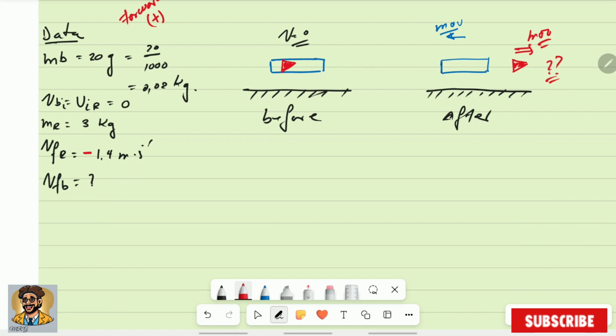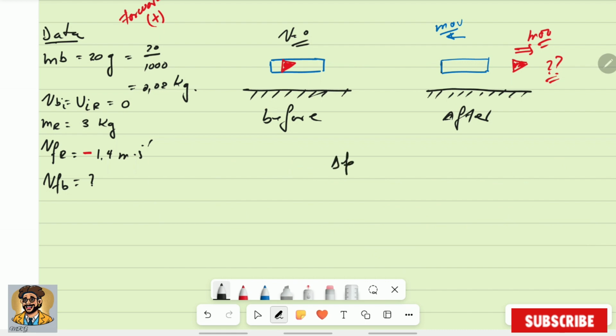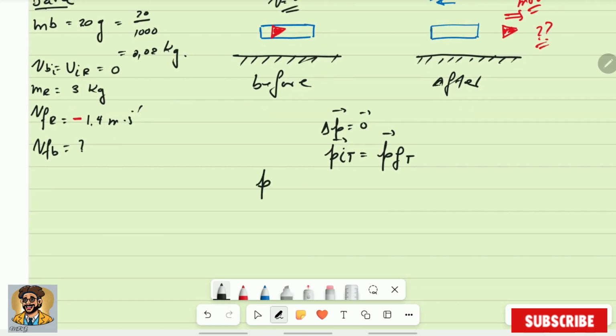Is that clear? So we're going to use the principle of conservation of momentum. The initial total momentum is equal to the final total momentum. The initial momentum of the bullet plus the initial momentum of the rifle is equal to the final momentum of the bullet plus the final momentum of the rifle.